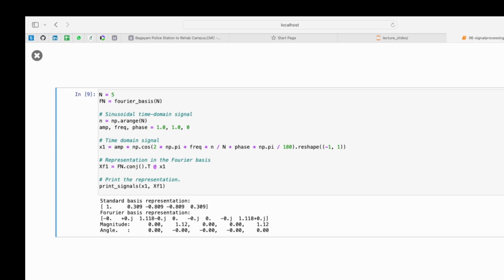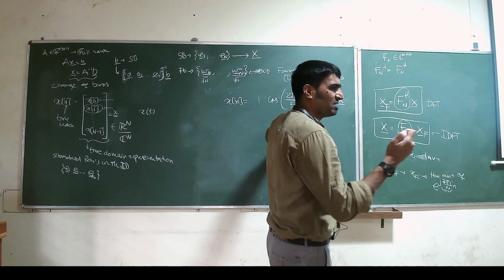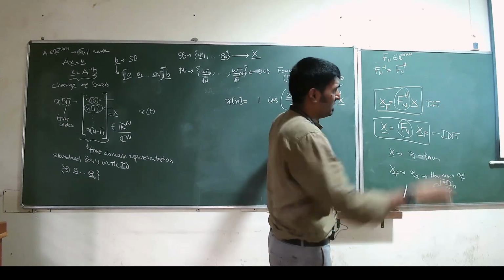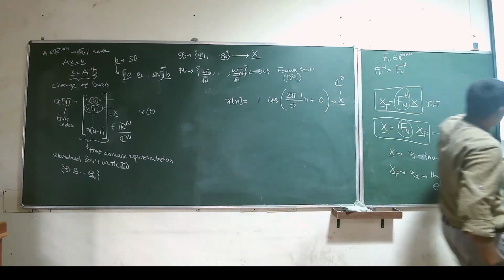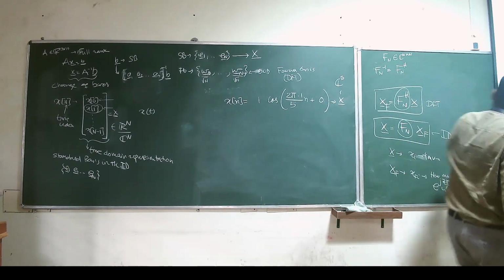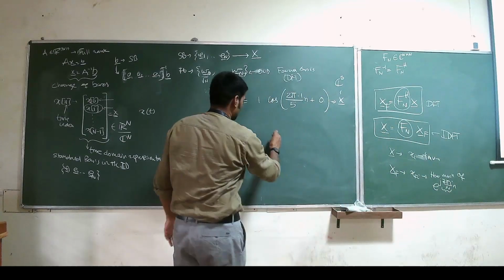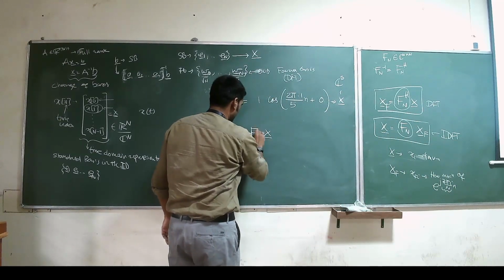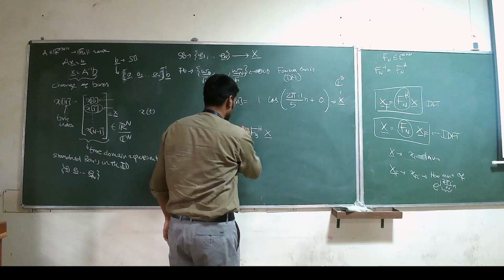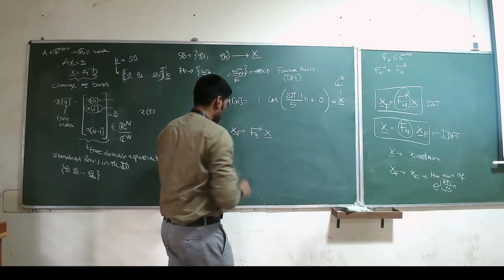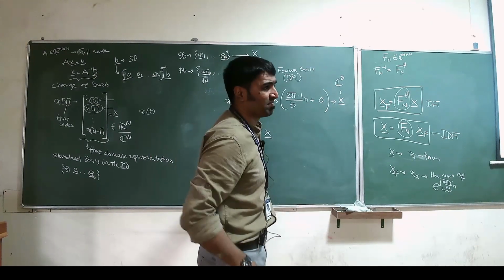If you were to compute the value of the signal for time starting from 0 to 4, those are the numbers you'd get, which I call the standard basis representation. Now, if I take this x and do F5 Hermitian, I get xf. I put 5 because here capital N is 5.